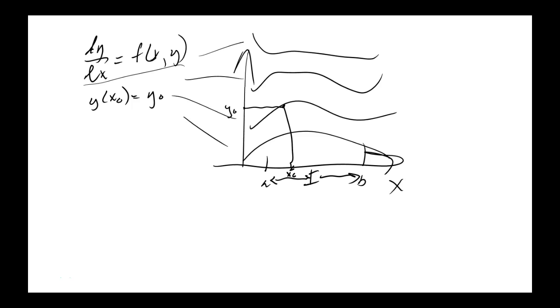So you have a whole family, an infinite number of possible solutions. But if you know one value, at x0, y is equal to y0, then you know exactly which one of those curves it would be. And then it's here.